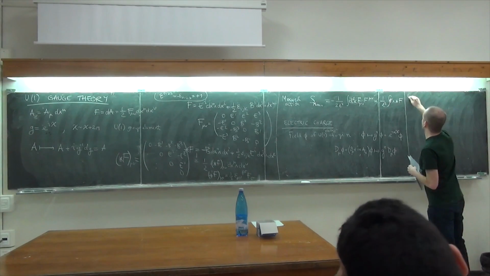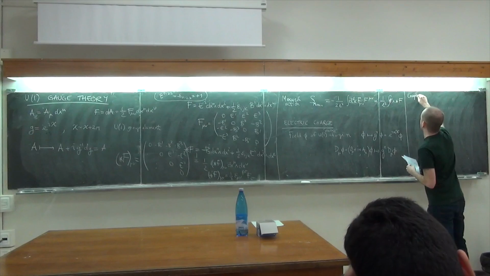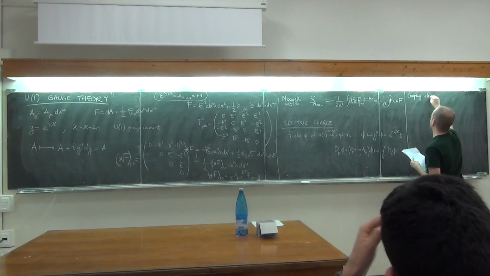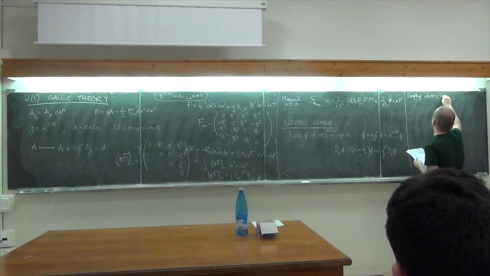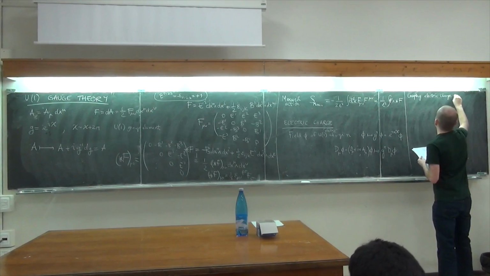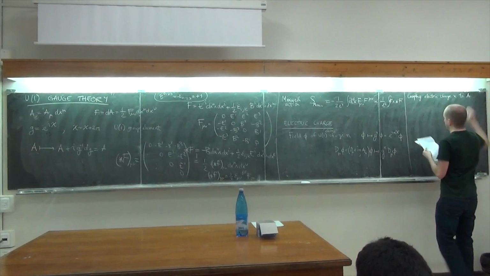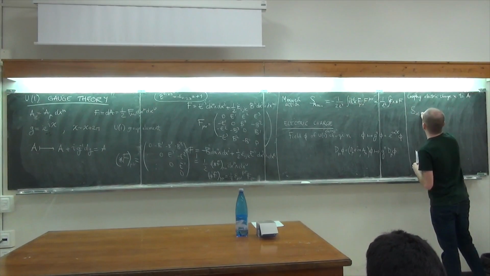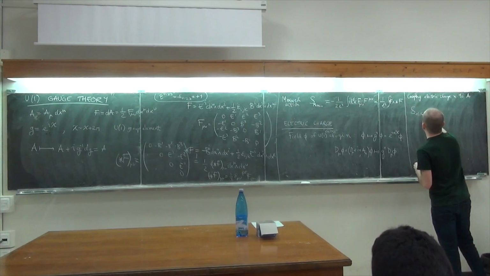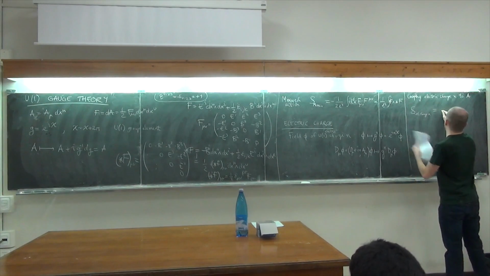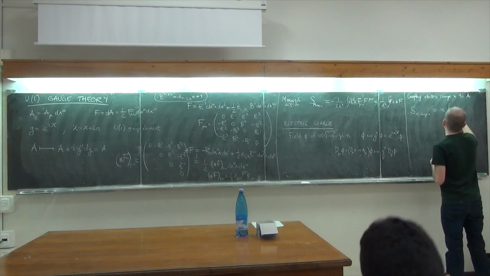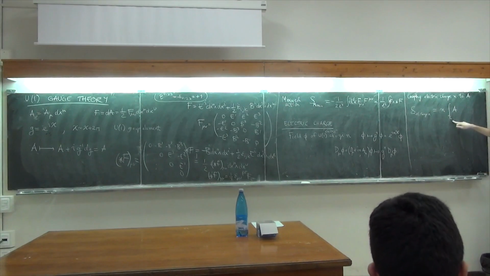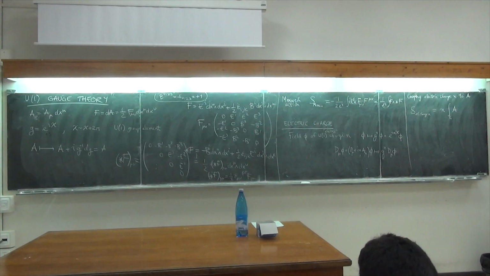So we'll introduce an action. So let's now just couple a particle of electric charge n. So we write down an action which is nothing but n, the electric charge, times a line integral of A, where L is the world line of the particle.